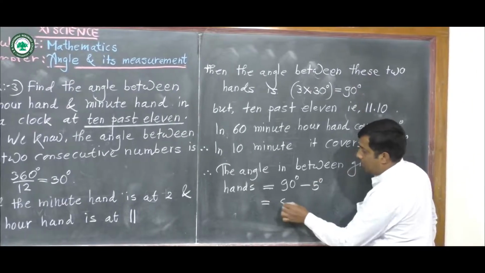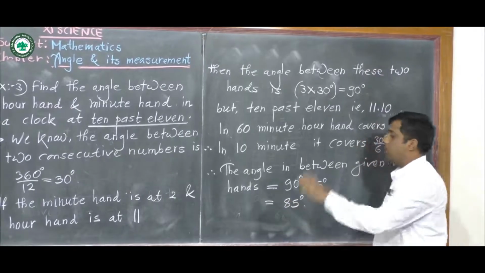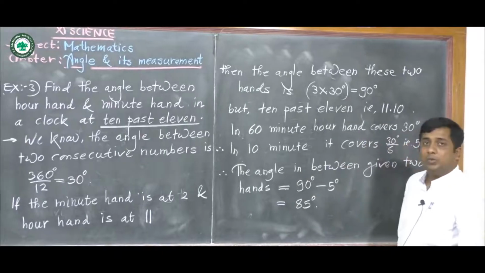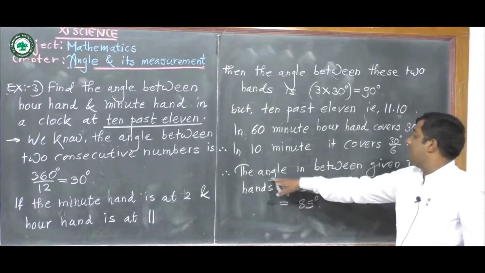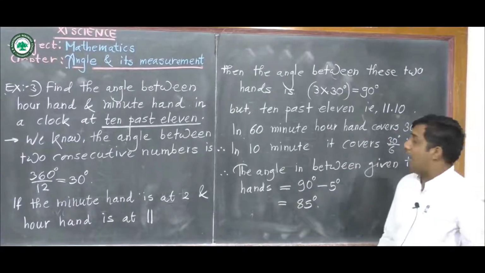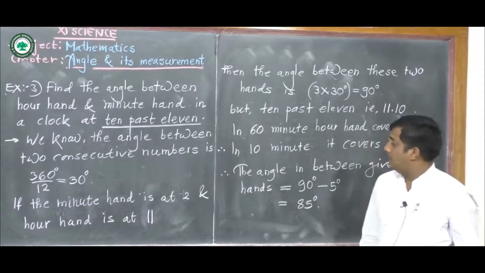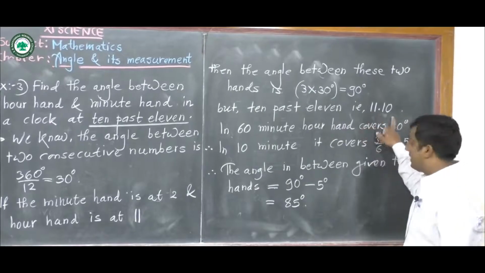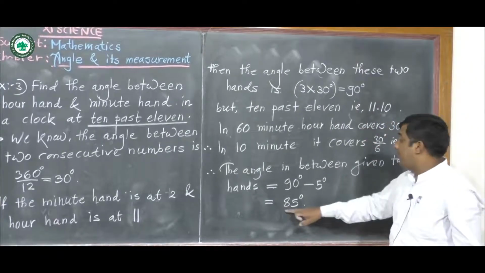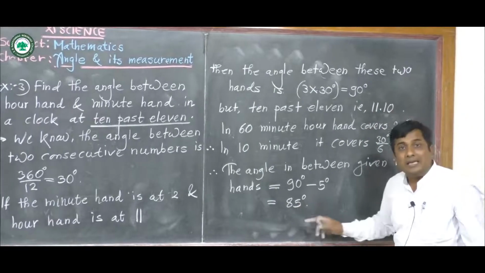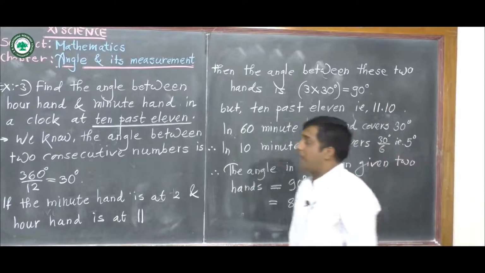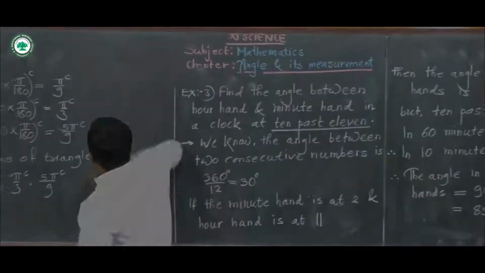So this is equal to 85 degrees. Now remember, we found the angle between the hour hand and the minute hand for the time 11:10, and it is 85 degrees. So remember this part. Okay, let's go with the next example.